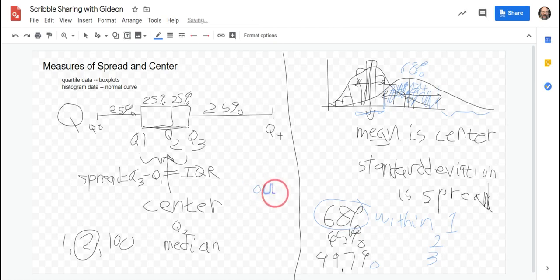An outlier with quartile data is defined to be greater than Q3 plus 1.5 IQR, or less than Q1 minus 1.5 IQR. It's the small one, subtract, get smaller than.